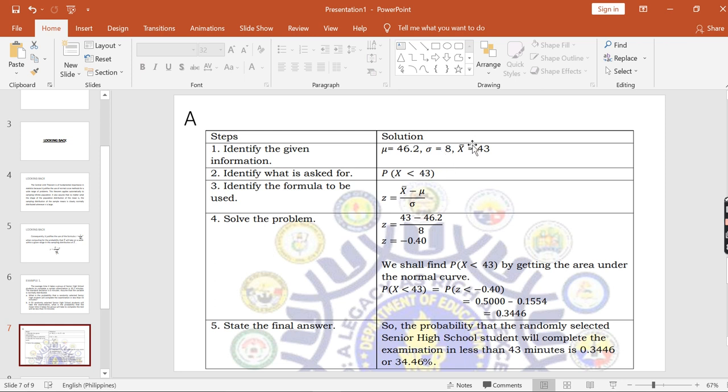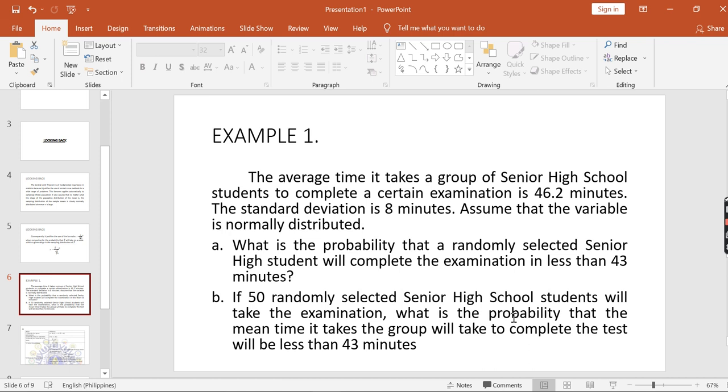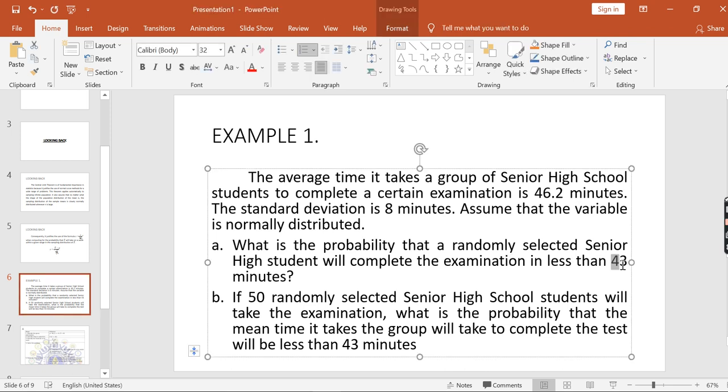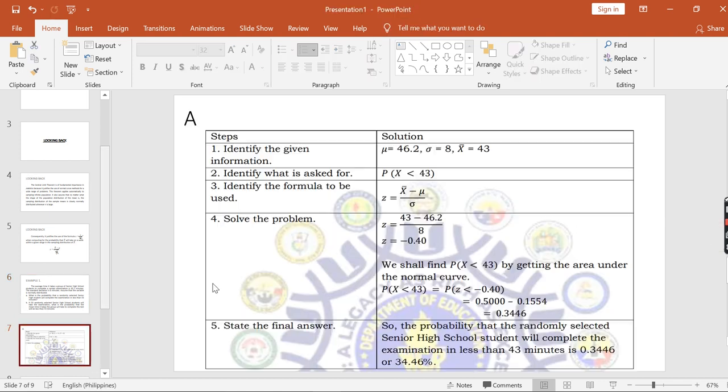Now, what is 43? 43 is a sample mean. So we got the 43 here. What is the probability that a randomly selected senior high school student will complete the exam in less than 43 minutes? That is our concern. So our x value here is 43.